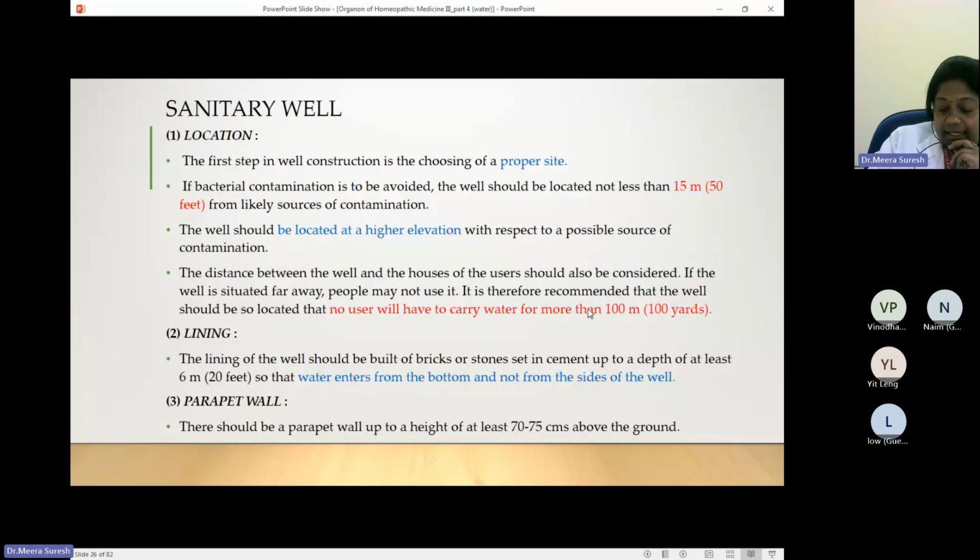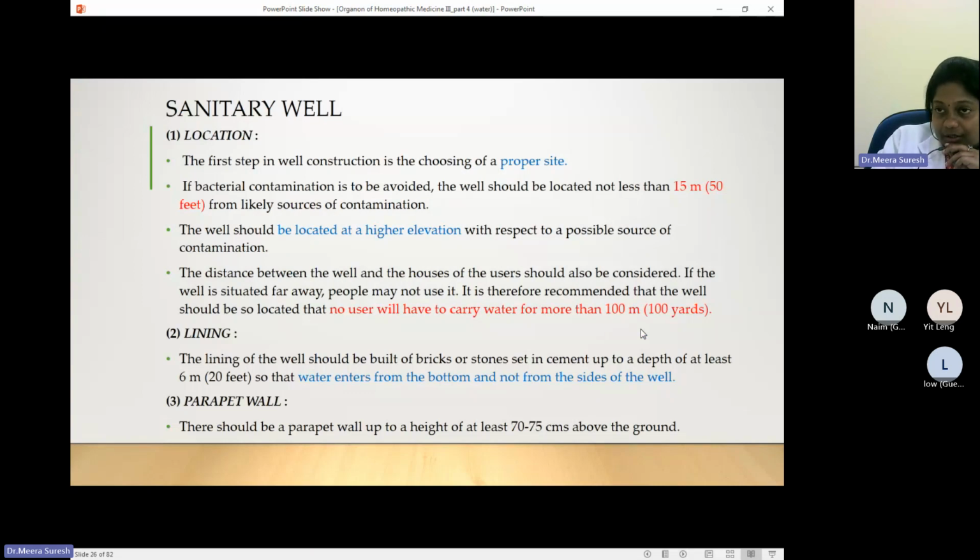The recommended distance for that public well in the village is that no user should have to carry water for more than 100 meters or 100 yards. So remember these two numbers: 15 meters or 50 feet away from the source of contamination, and no more than 100 meters from each house. But this is only a criterion.